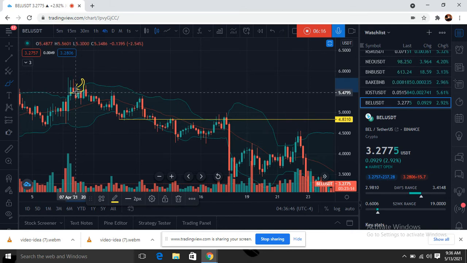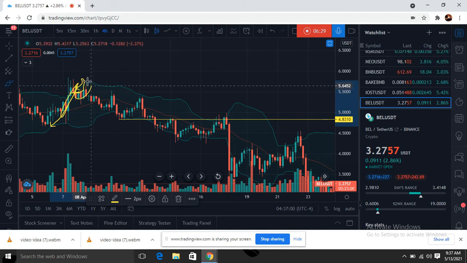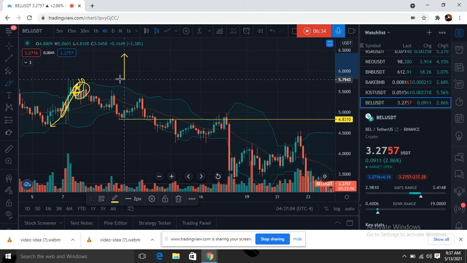Where this is most important is when it's formed at the top of an uptrend. When you see the market going up and you see this forming, sometimes with a very long wick like this, you should be thinking of ending that particular trade, because the market could start coming down at that point.